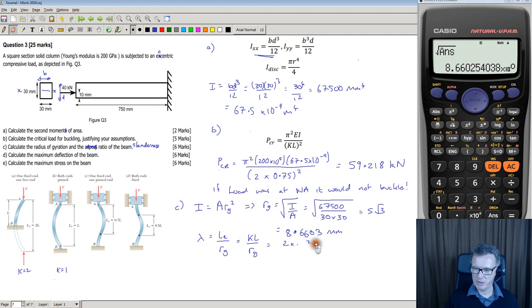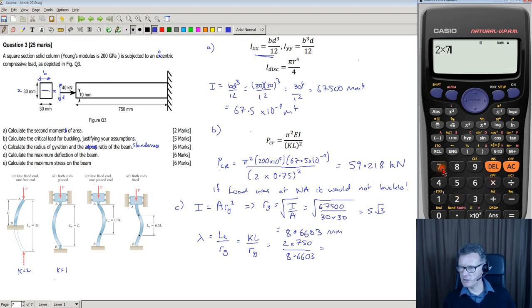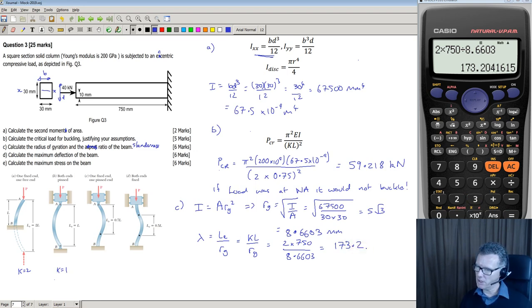Let's stay in millimeters: 2 times 750 divided by 8.6603. Okay, wow, we've got a big slenderness ratio there. Anything above 20 and you are in trouble. So I am expecting this thing to be buckling.